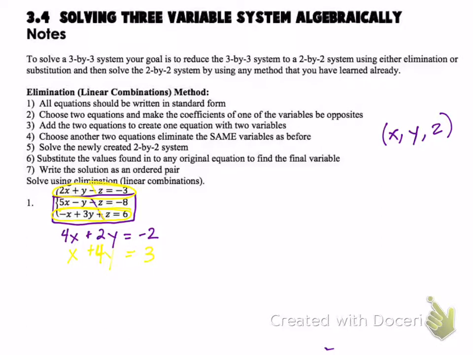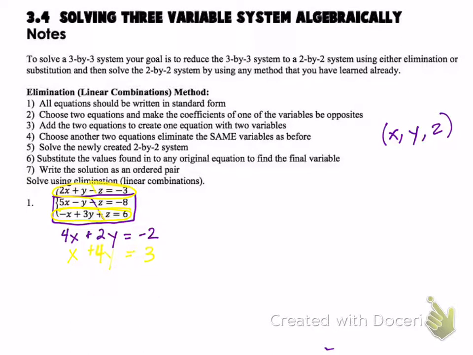So now I have a 2x2, two equations, two variables. And now I'm going to use the knowledge that I have from prior sections, 3.2, and I'm going to solve it. Do y'all want to do substitution or elimination on this? I like elimination, so let's do that. Let's multiply. What do y'all think we should do to eliminate?